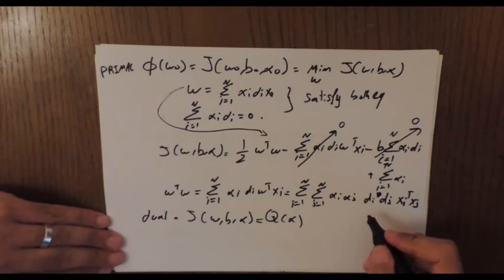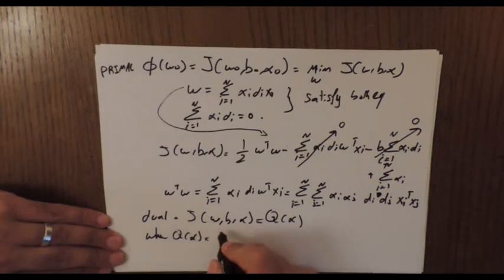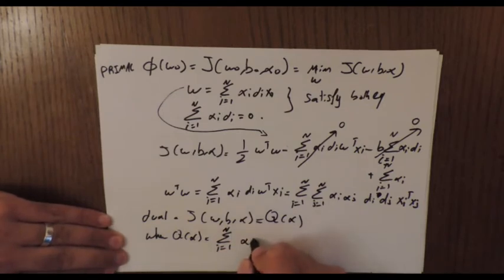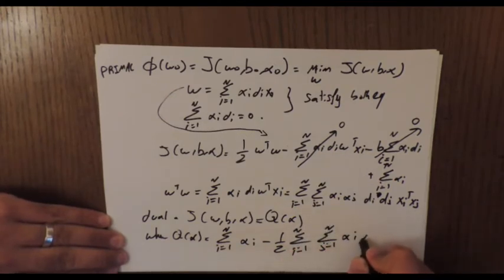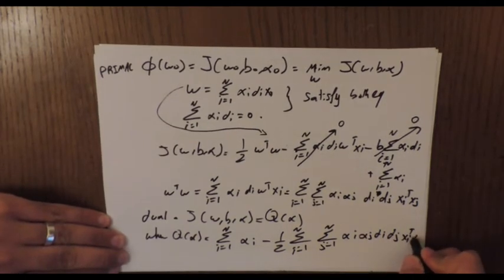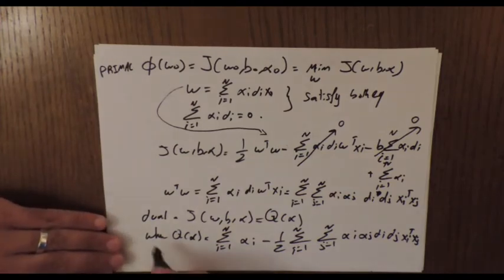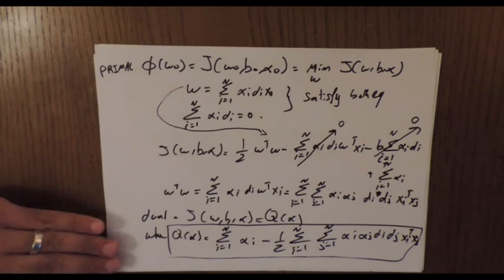Alpha is now the variable, and Q(alpha) equals the summation of i equal 1 to n of alpha_i minus half the summation i equal 1 to n, j equal 1 to n of alpha_i alpha_j d_i d_j x_i transpose x_j. So this is the new dual function that we want to find a solution to.